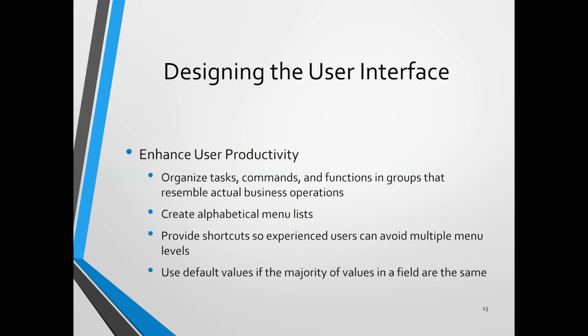And also create alphabetical menu lists. I don't tell you that you have to sort them; the menu may not be sorted. Most of the time, after you group them already, you may start from the most frequently used first and then group the rest of them, so that when the users use it, it will be easy for them to find the menu.